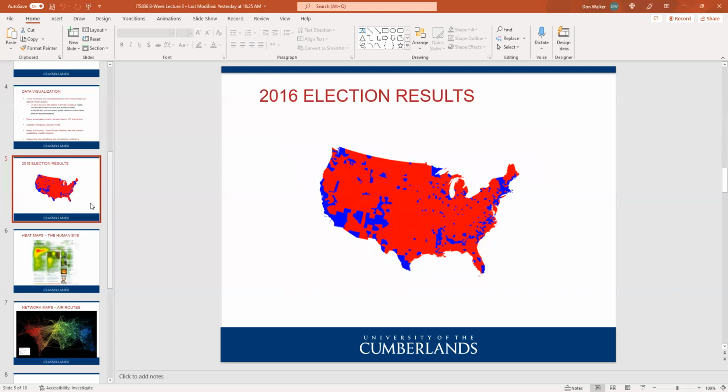Red being Republican, blue being Democrat. Remember 2016, I'm sure. Many people pointed to this graph and said, see, look at all that red. Overwhelmingly, the country voted for Donald Trump.